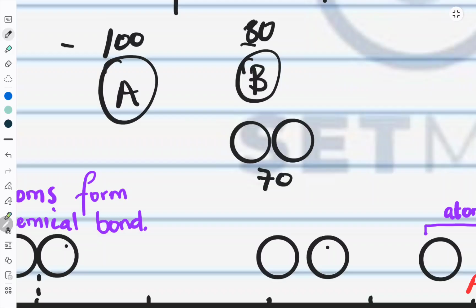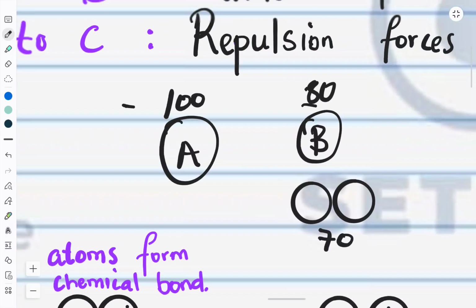So when they are together they have a potential energy of 70, but individually they had a total potential energy of 180, because A had 100 and B had 80.